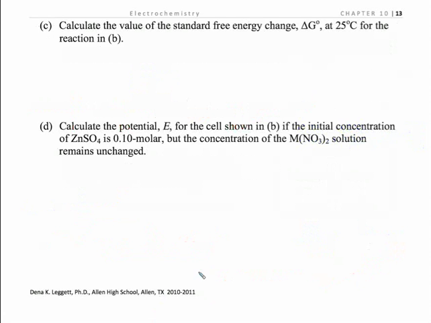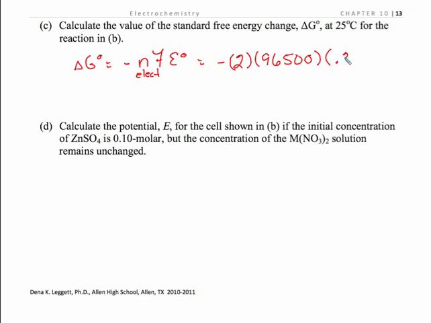All right, in the next part, it asks us what is the free energy at 25 degrees Celsius. Well, delta G naught, you have this formula, is minus nFE naught. There are 2 moles of electrons involved, Faraday's constant, E naught, 0.36. All right, and I only know that 0.36 to 2 significant figures.